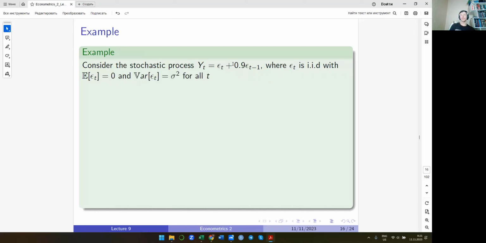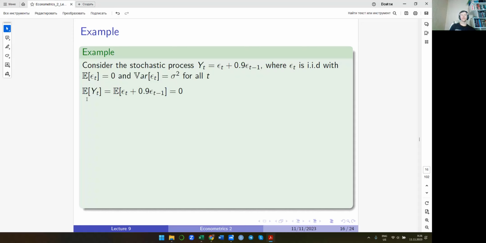So suppose that yt is constructed as the sum of two IID random variables: epsilon t plus 0.9 epsilon t minus 1. So there is something taken from the past, multiplied by 0.9, plus something which happens currently. The expectation of epsilon t is 0, and the variance of epsilon t is sigma squared for all t.